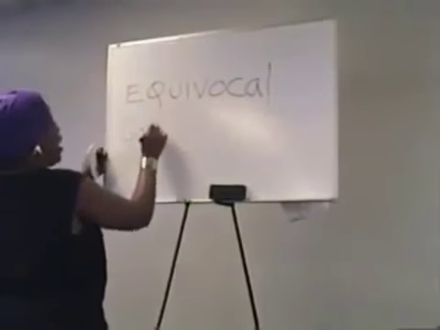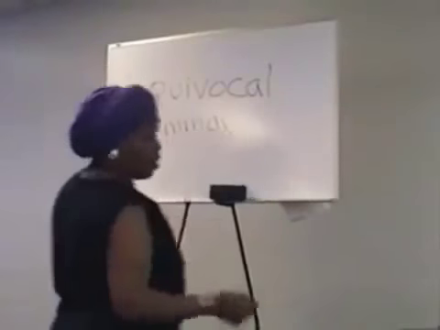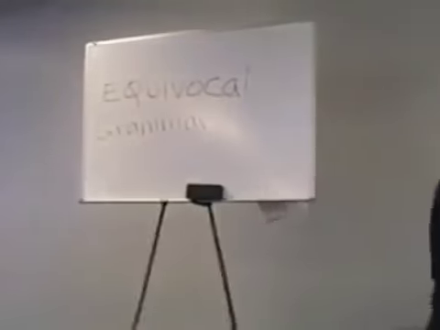Grammar is spelled G-R-A-M-M-A-R. Grammar. Now, what you need to understand about the word grammar: is there anybody here that's ever seen this show that comes on weekly about the three sister witches called Charmed? Yeah. And they always talk about this book called the Grimoire, or the Dark Book of Shadows.